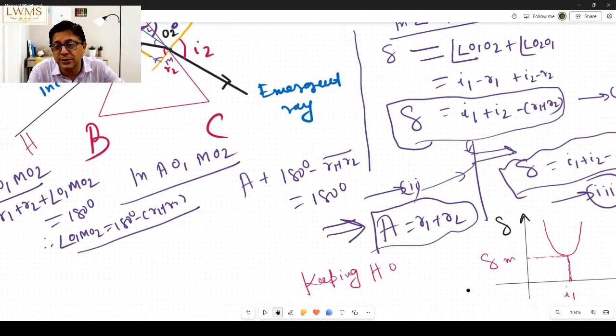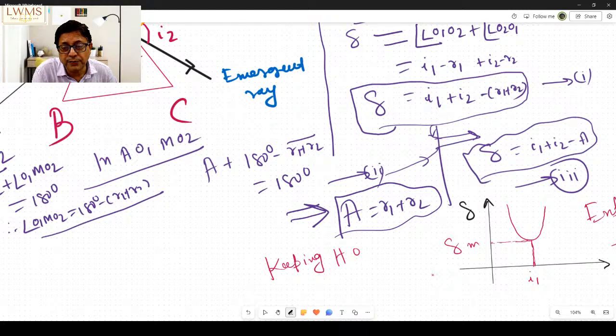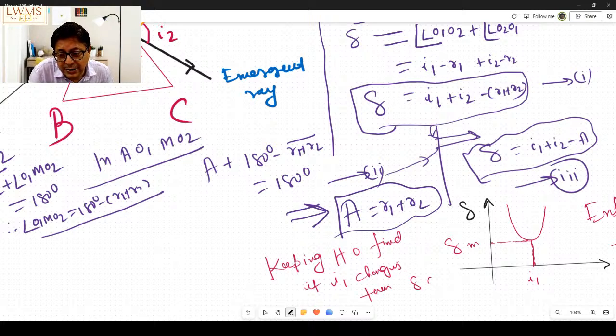This is the incident ray HO. Keeping HO fixed, if I1 changes, then delta changes as above, as in figure.